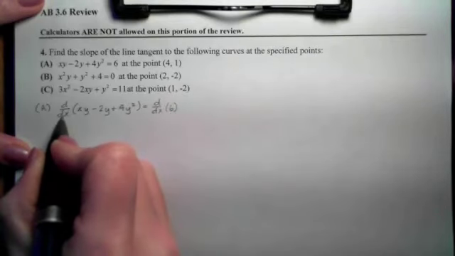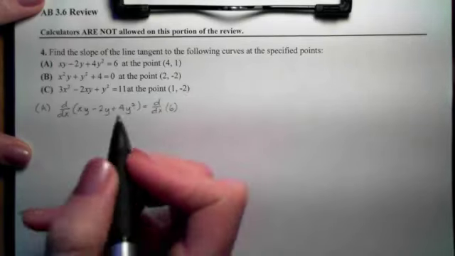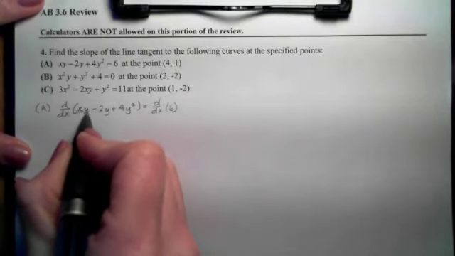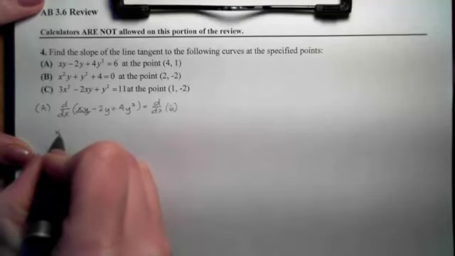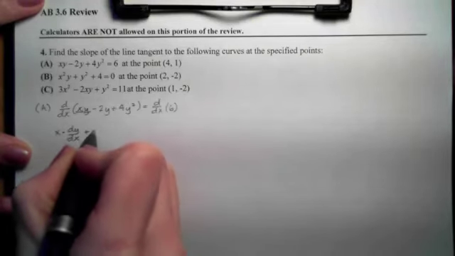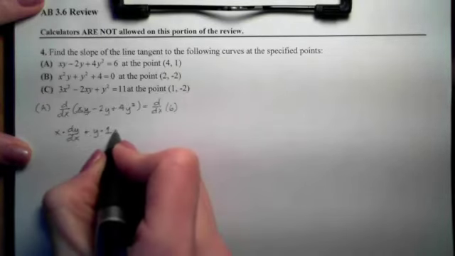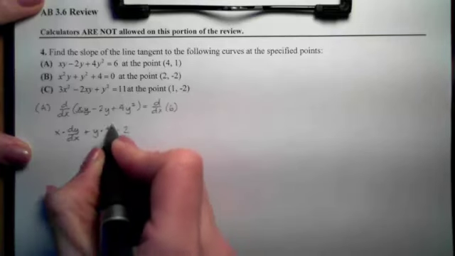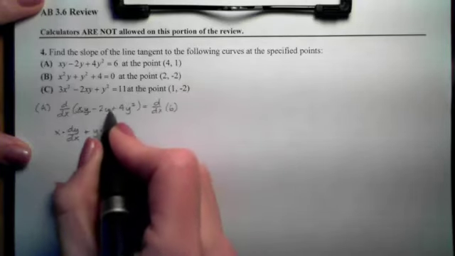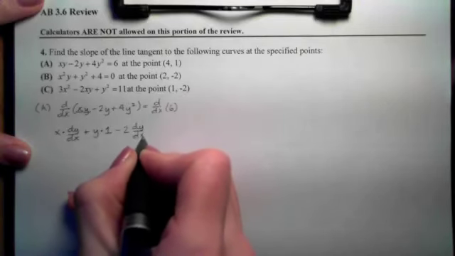And then as I run this derivative through the left side, I encounter a product rule, which means I'll have the first one times the derivative of the second, plus the second times the derivative of the first. Then I move through the subtraction, through the constant, hit the y. The derivative of y with respect to x is dy/dx.